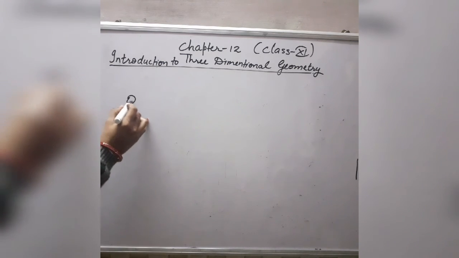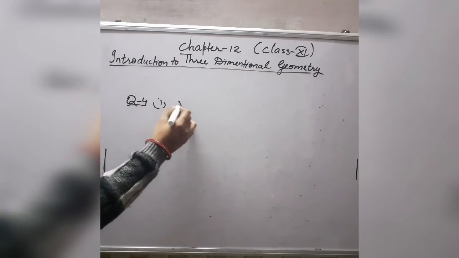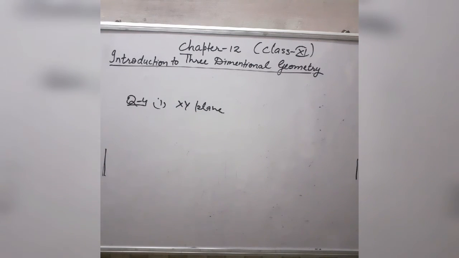Now in question number 4, fill-ups are given to you. In the first fill-up, the x-axis and y-axis taken together determine a plane, and that plane is known as the xy plane. If you take the x and z axes, that plane will be the xz plane. If you take the y axis and z axis, that plane will be the yz plane. So according to this statement, in the first part this plane will be the xy plane.